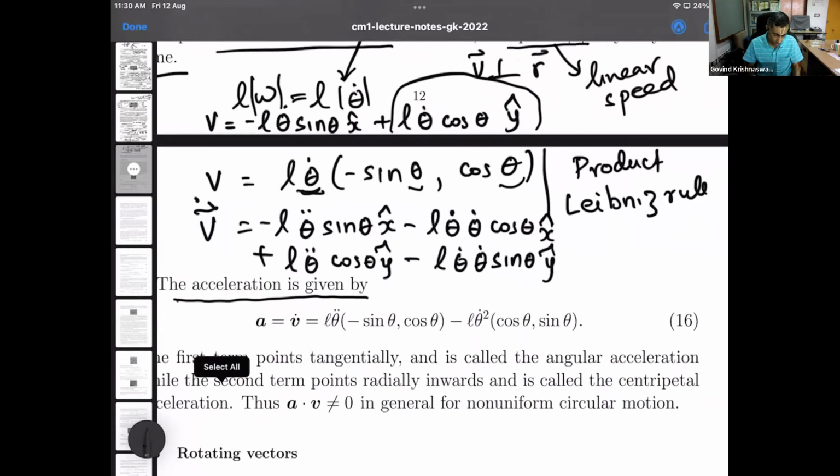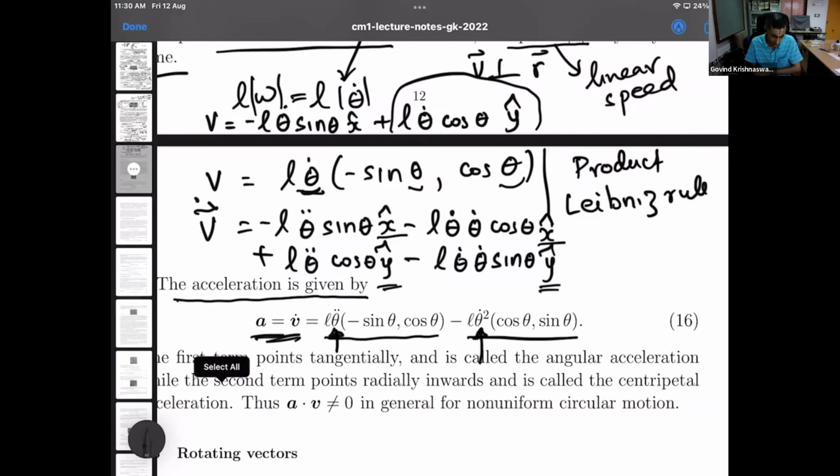Now collecting the terms, by which I mean collecting the coefficients of x hat and of y hat and putting them together, we see that the time derivative of velocity, also known as acceleration, has 2 contributions. Actually, let's not collect them. Let's just write them as 2 different terms: one proportional to theta double dot, and the other proportional to theta dot squared.